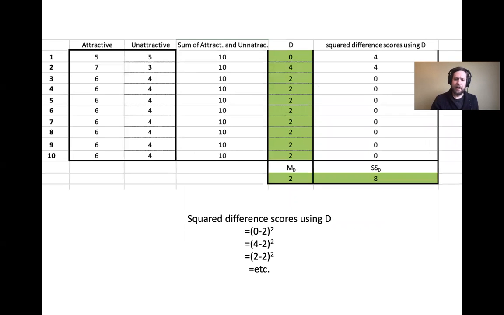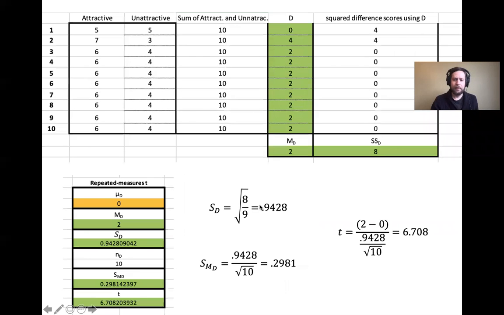So last time, we had this example right here, and I calculated the repeated measures t for this data set, comparing the difference scores across these two conditions, and we got 6.708.